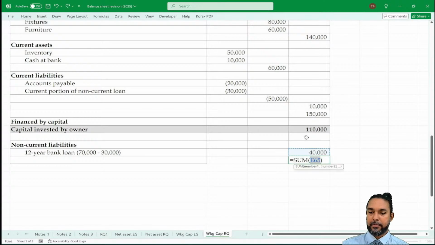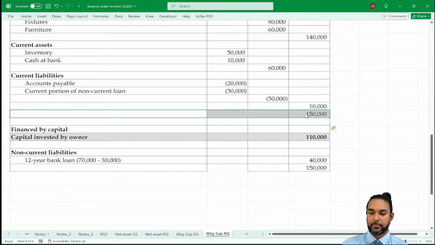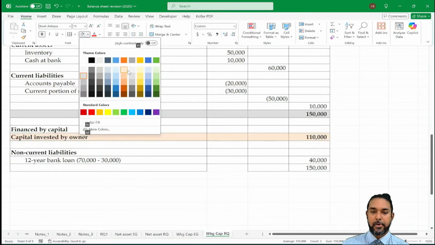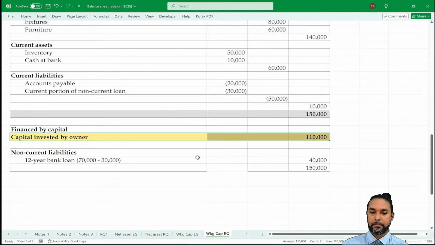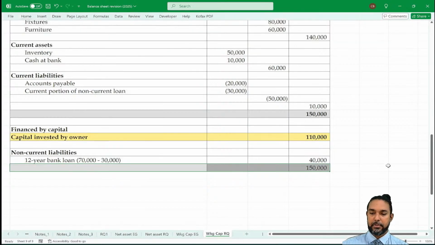I'm going to add the 110 and the 40 and get 150. I think I will need to skip a line here. I'll put that one in a different color, I'll put this one in the gray so that those two things match up.